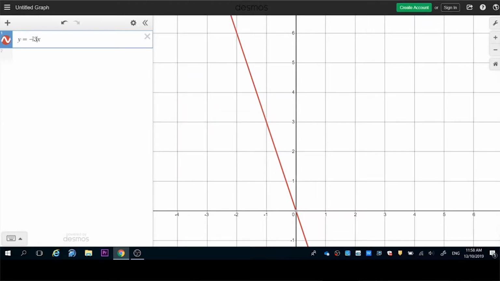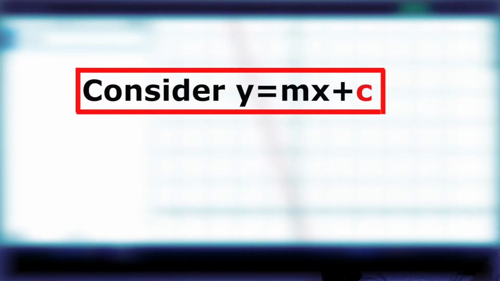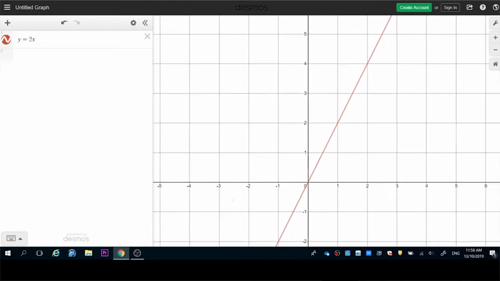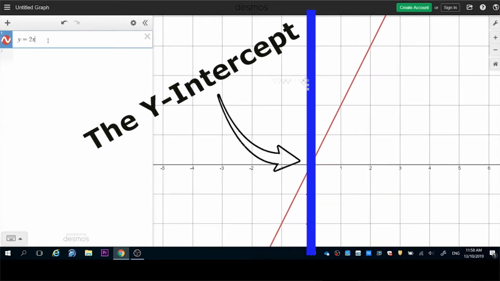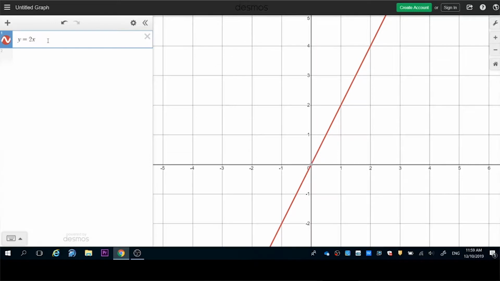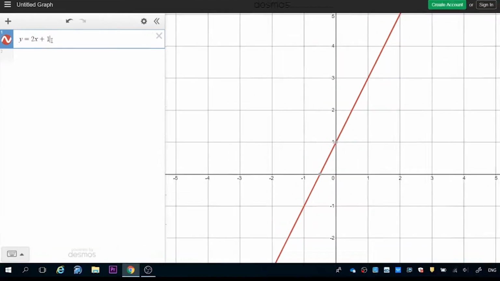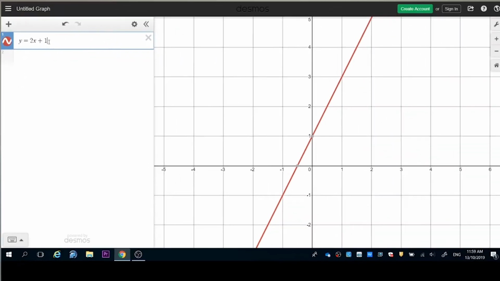We're also going to look at what the value of c does. We can see if we just fix it to be y equals 2x, we're just going to focus our attention onto the y-intercept, which is the line of the y-axis and where that crosses, so where it intercepts. If we take plus 1, for example, what we'll notice is that the graph shifts up.